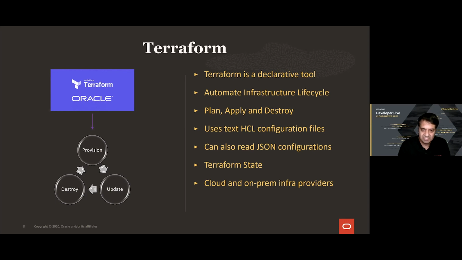Each OCI resource and their respective set of properties are set through config files, which can be text, HashiCorp config language, or HCL config files, or they could also be standard JSON format.